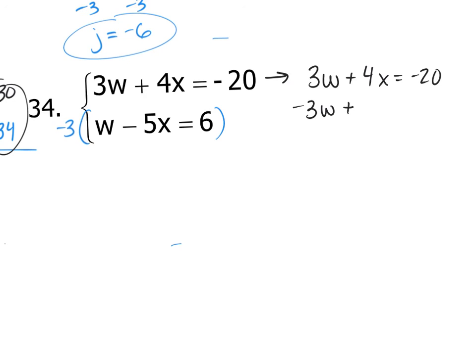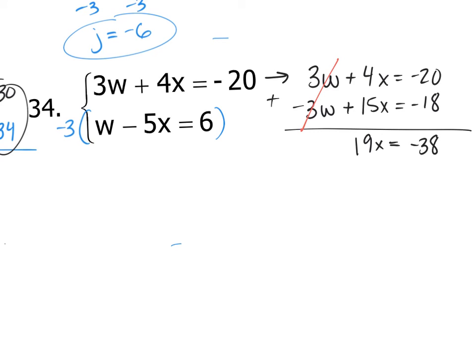So that way I get negative 3w, positive 15x, and negative 18. If I add these together, we see that my w's cancel. I will have then 19x equals negative 20 and negative 18 give me negative 38. If I divide both sides by 19 then, that means that my x is equal to negative 2.